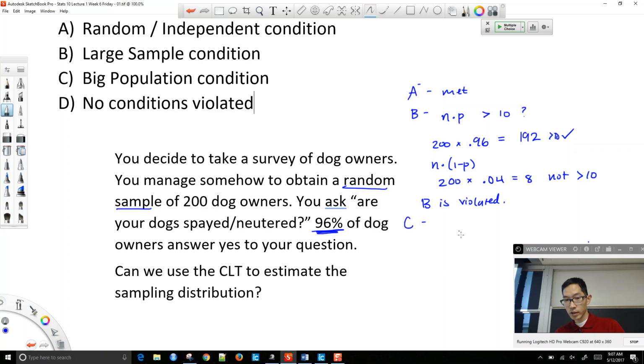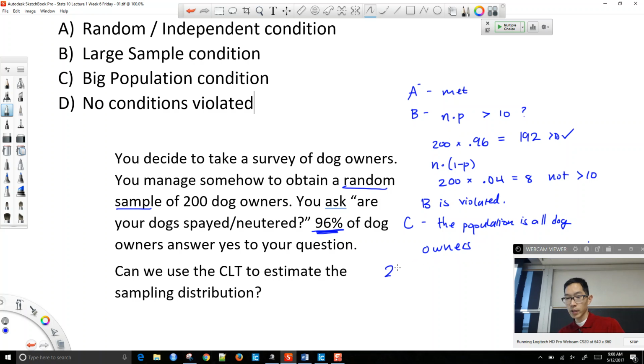As far as the big population condition, in our case the population is all dog owners.